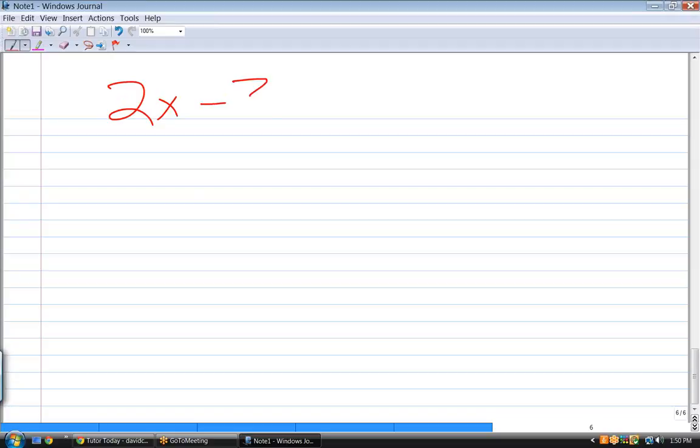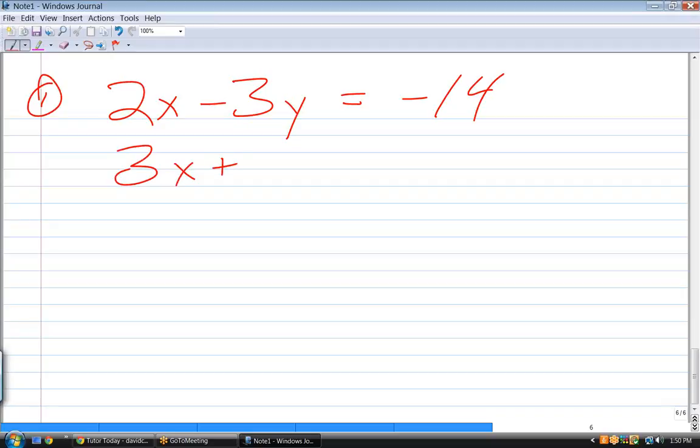2x minus 3y equals negative 14. The second equation: 3x plus 3y equals 9. All right. There's a rule that you can add or subtract any equations.